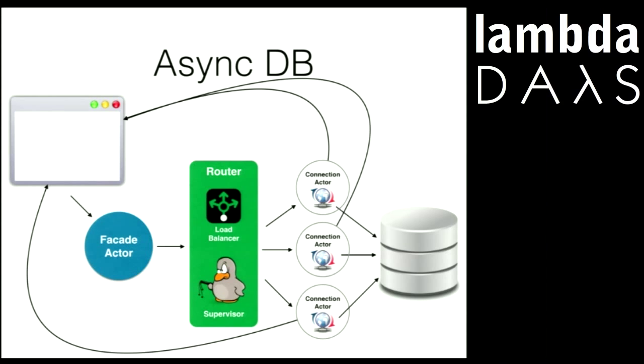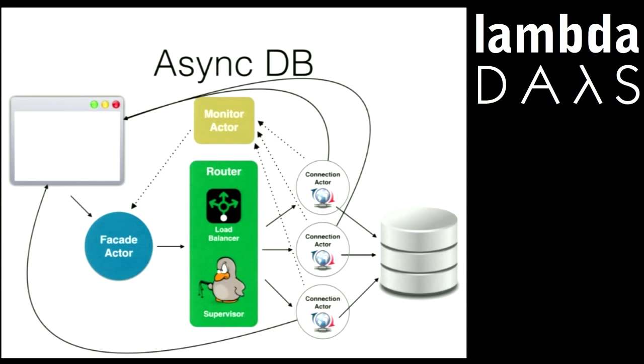A router will use a load balancer to load balance the messages between actors, and it will use a supervisor to deal with error situations. I think Torben mentioned some sort of supervision stuff. Erlang and Akka have very similar stuff. Actually, Akka is really based on Erlang.